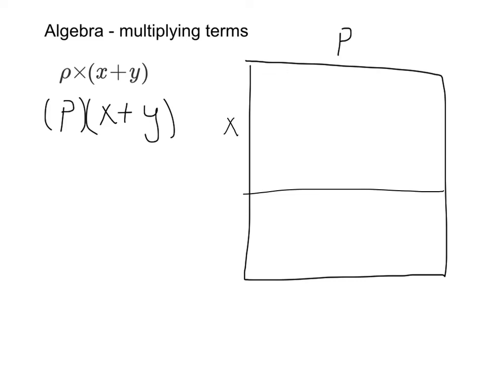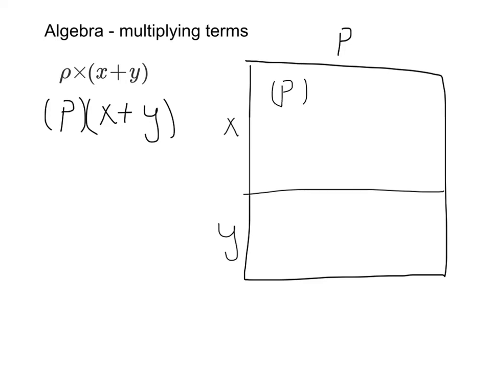This is going to be x, basically the length from here to here is x, and this is going to be y, which is the length from here to here, and the whole length of that is x plus y, which is the same thing here. So to get the area, let's get the area of the two smaller rectangles.